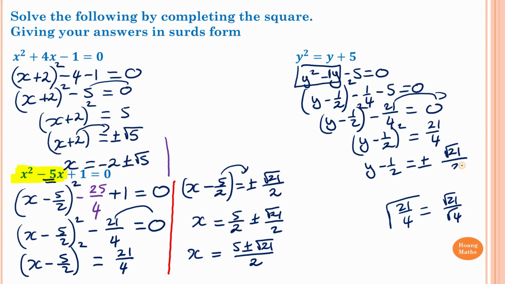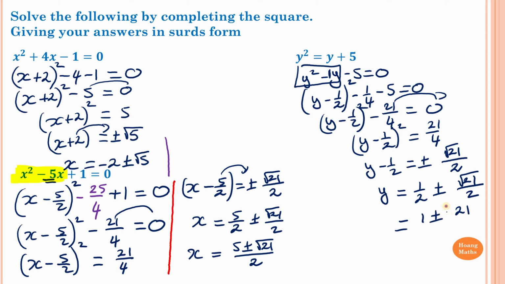And square root 4 is 2. So now I move the half over. So y is equal to a half plus minus square root of 21 over 2, which is the same as 1 plus minus square root of 21 over 2.